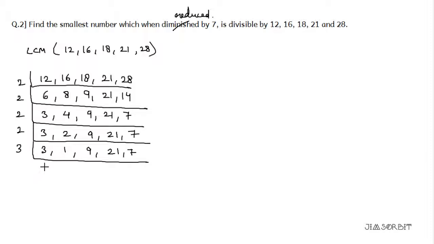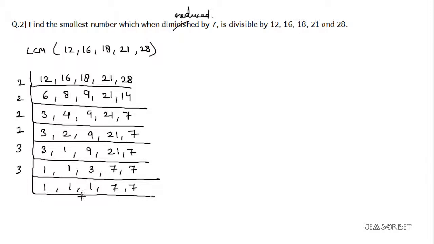Now 3 will work. So 3 1 1 3 7 7. Now again 3 will work. So 3 1 1 7 7. Okay, so this will be now 7 1 1 1 and 1.